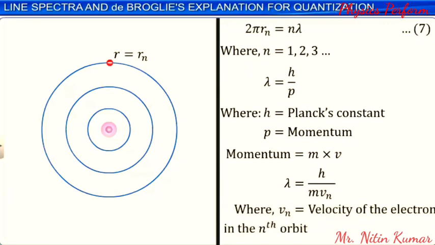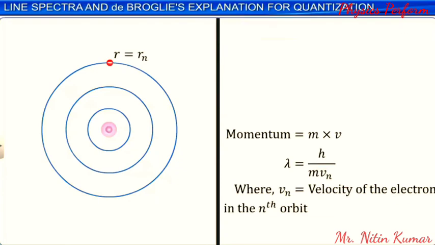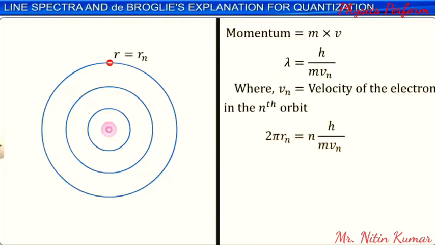Substituting the value of λ in equation 7, we have 2πr_n = nh/(mv_n). Rearranging the equation, we get mv_n r_n = nh/2π. Let this be equation 8.